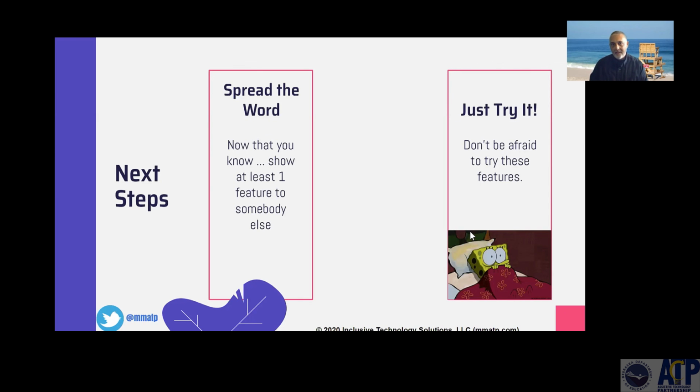Get this out there. One of my favorite stories of working with a consumer was showing her how to use speak selection and Siri on her phone. This was a young lady with a cognitive disability who was working towards being independent in the community with her phone. And she's a non-reader and she struggles to write.